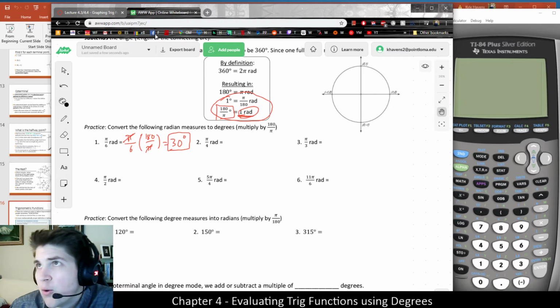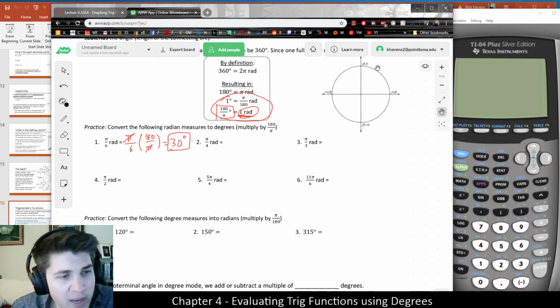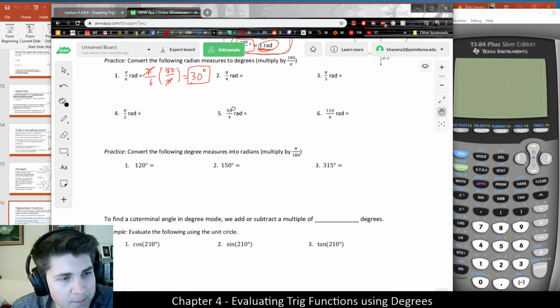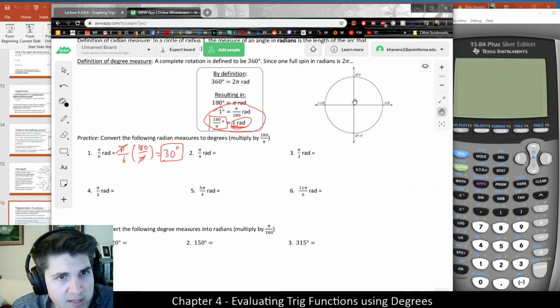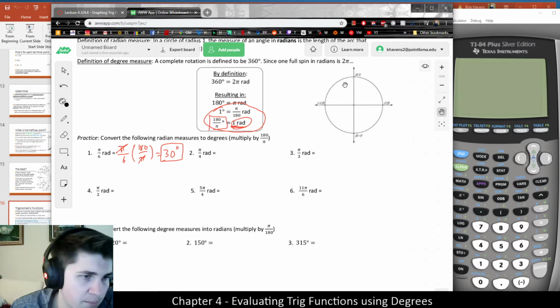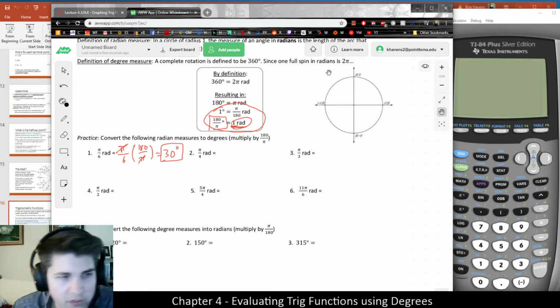But if you find it hard to memorize all of the positions on the unit circle, it's way easier to memorize them in degrees. You can always convert them back to radians later. Say, for example, 120 degrees: since this one's 90, 120 should be the next one over because it's 30 past. If I forget what that is in radians, I personally have it memorized as 2 pi over 3.